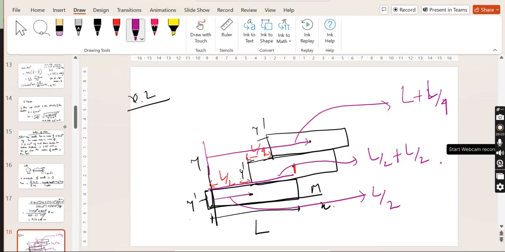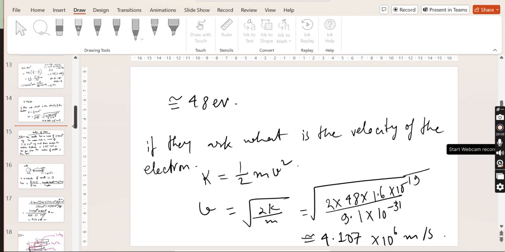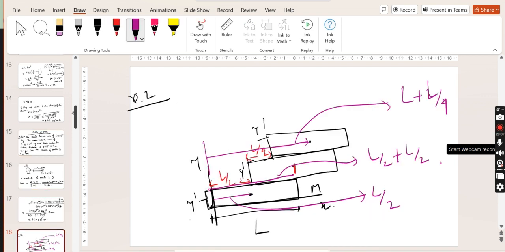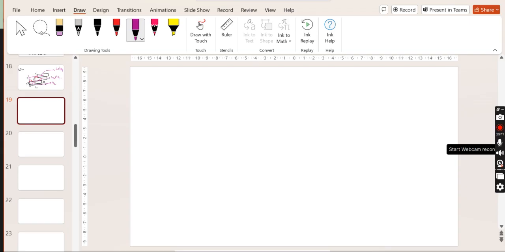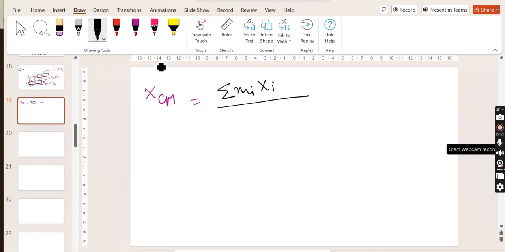Now we have to calculate the center of mass of the whole system. So X center of mass is basically summation of m i x i divided by summation of m i.